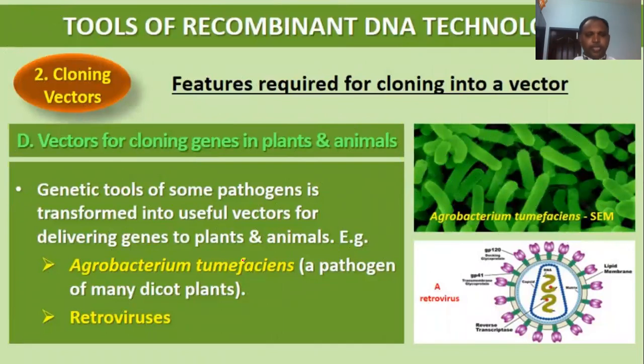And next we will see the vectors for cloning genes in plants and animals. Plasmids and bacteriophages are suitable for cloning in prokaryotes. And what about plants and animals? For plants, we have many vectors. The very important vector is that we use some pathogenic DNA as a vector for delivering genes into plants and animals.